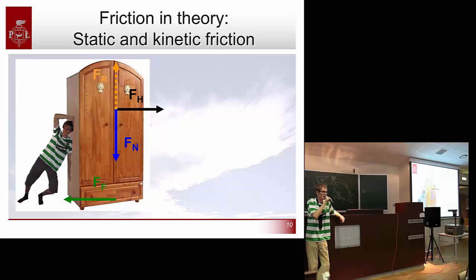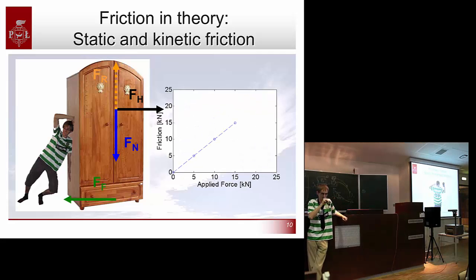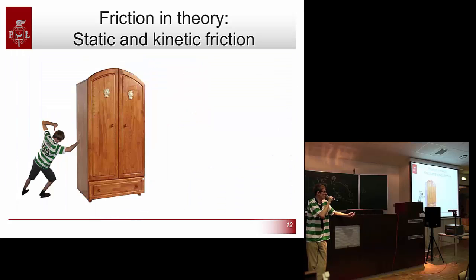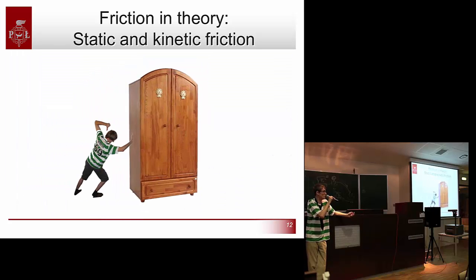In this time, Hamish decided, okay, I'm very tired, I'm going to increase my force only a little bit. A short exercise: Hamish is ready to apply a force of 15 kilonewtons plus 1 newton. And the wardrobe moves.